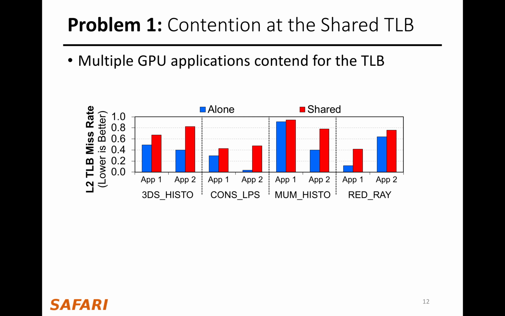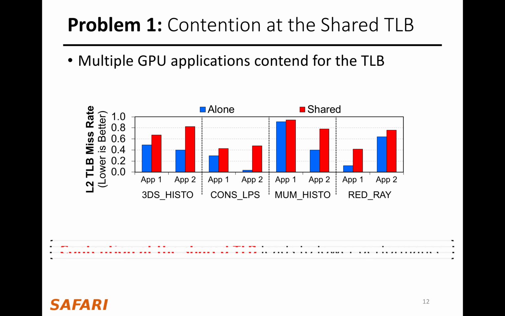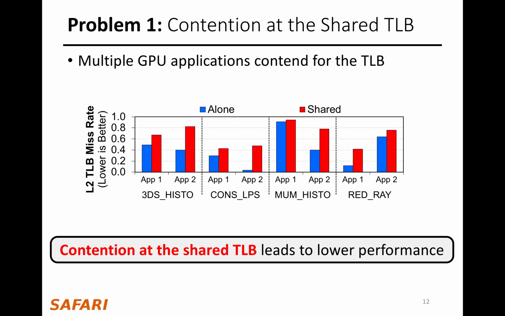If you compare that to the case when these pairs of applications are actually executing concurrently and sharing the shared TLB, as you can see on these red bars, we found that there's a significant increase in the number of TLB misses on all the application pairs. So we conclude that contention at the shared TLB leads to lower performance.